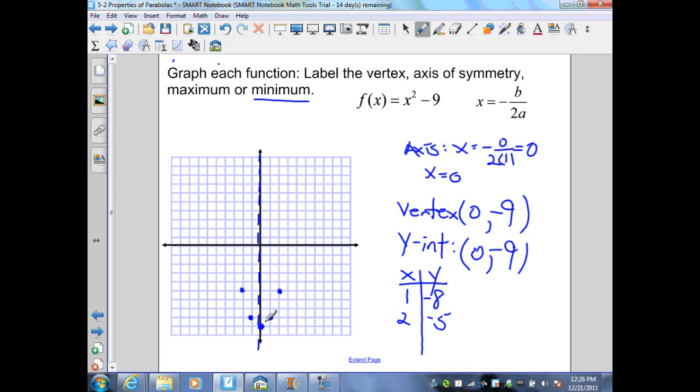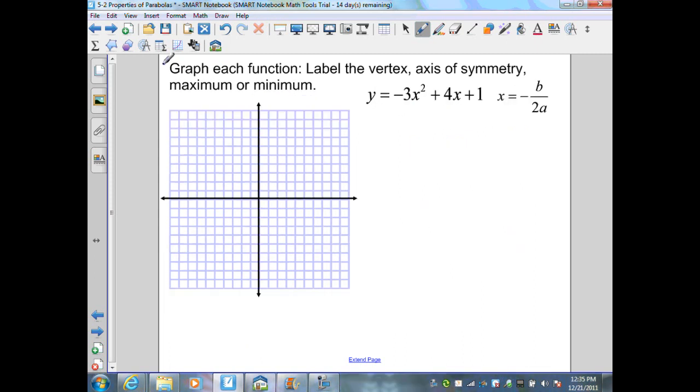Then I can sketch my parabola. And then check to make sure I've answered all the problems. Label the vertex. I have that labeled. The axis of symmetry is here, and this is a minimum value. And this graph represents the quadratic function, x squared minus 9.